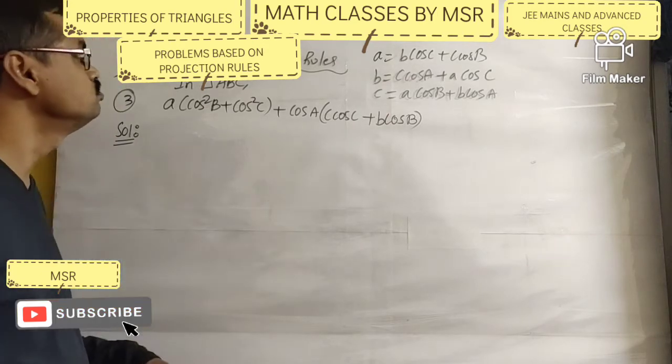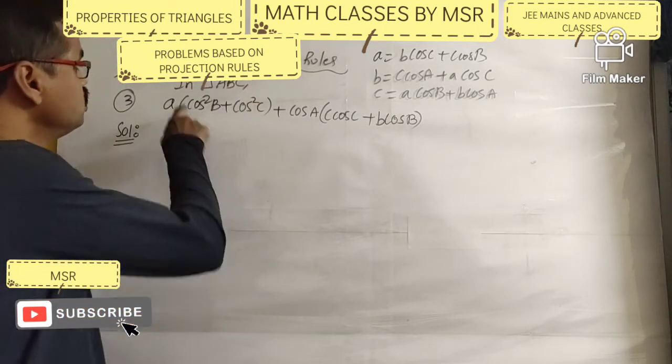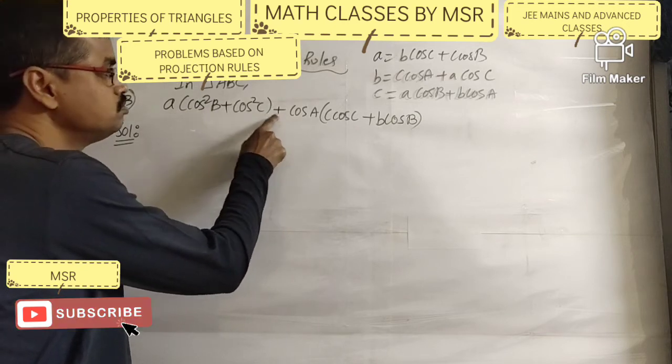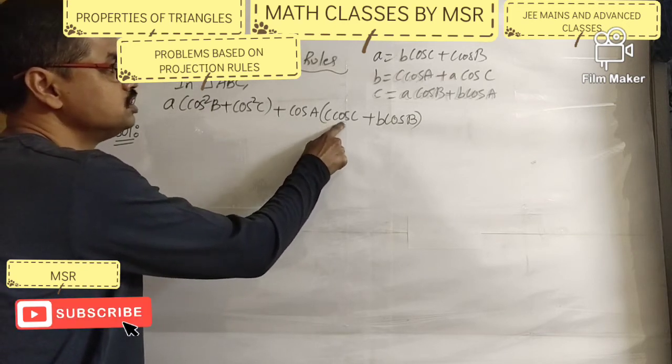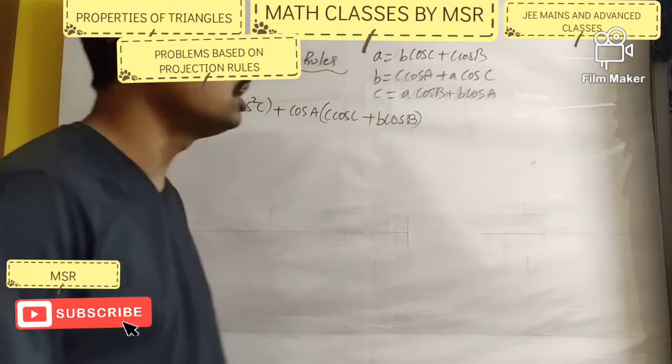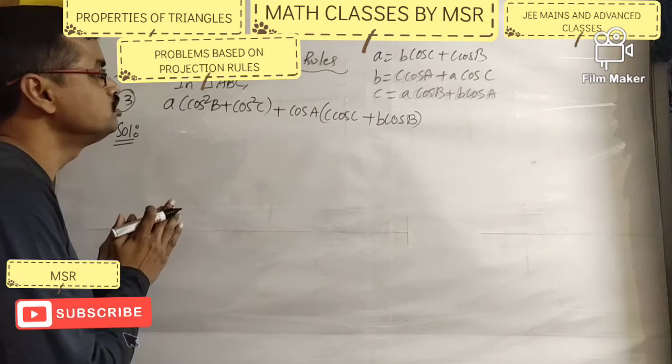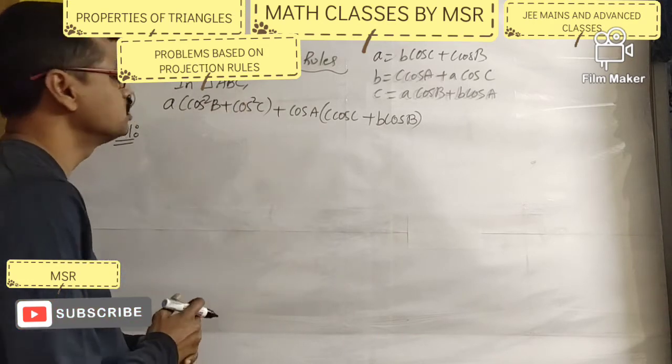Now listen to the third problem on projection rule itself. In triangle ABC, A times of (cos square B plus cos square C) plus cos A times of (C cos C plus B cos B). So this value we have to calculate. How to do this? Just remove the brackets.